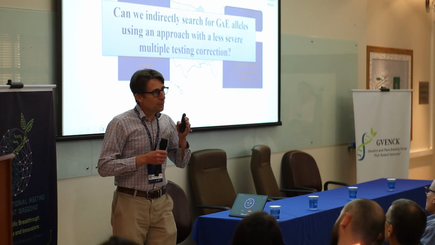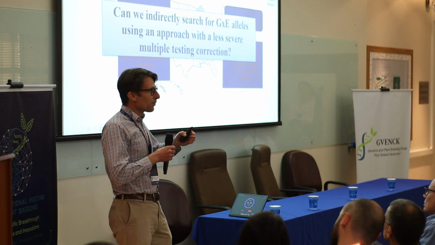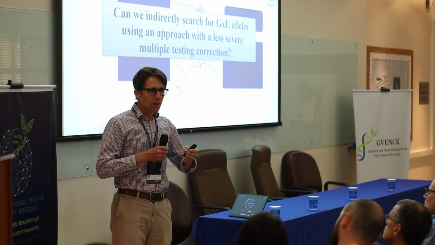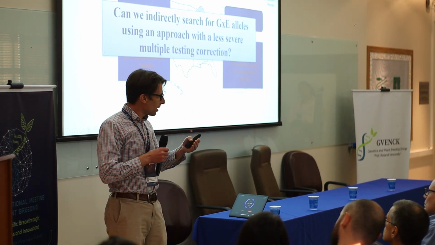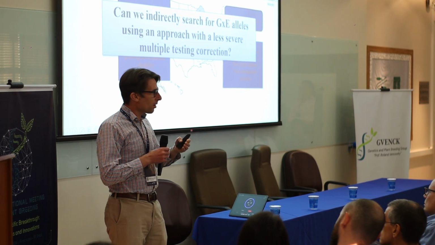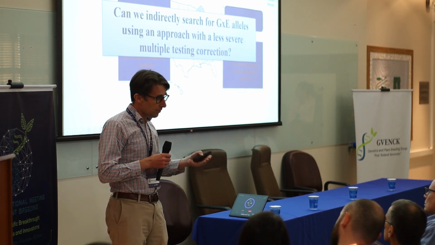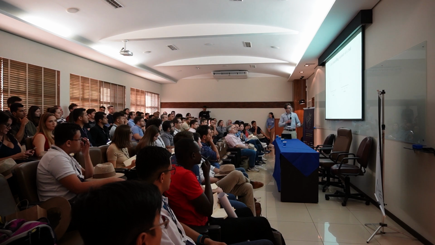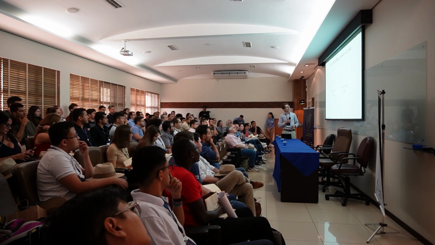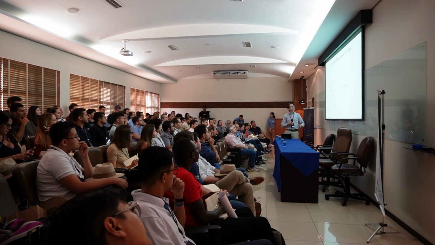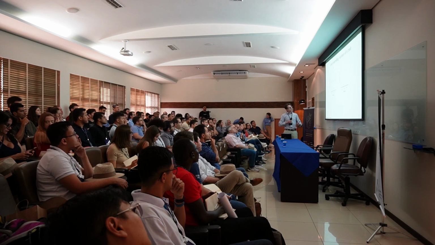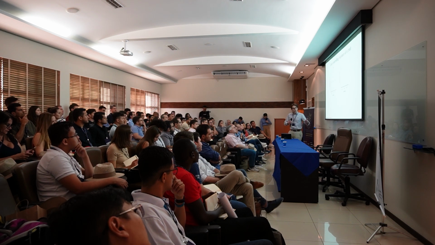So the approach that Matt was looking for was finding an alternative way to indirectly identify G by E loci and not have to deal with the ensuing multiple testing correction. So what he came up with was, why not use variance GWAS approaches? And this is just a quick illustration of what a variance GWAS would do.